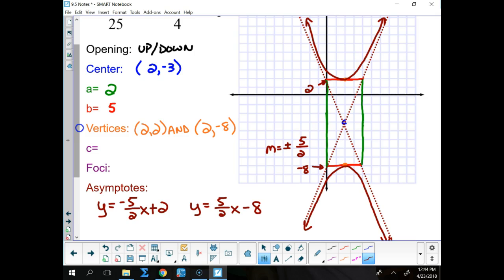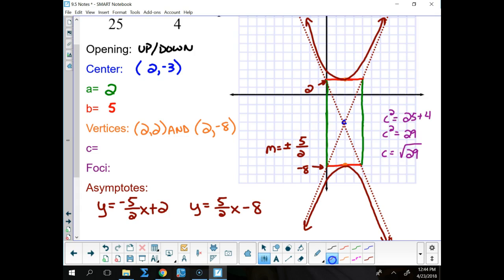Only thing left is c. C squared is going to be what? 29. So c is the square root of 29. Am I going to add that to the x part of my center or to the y part of my center?